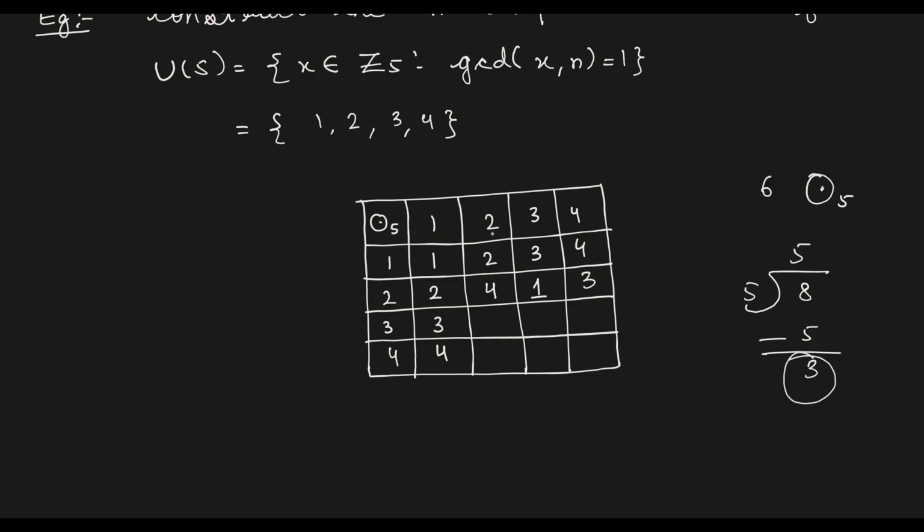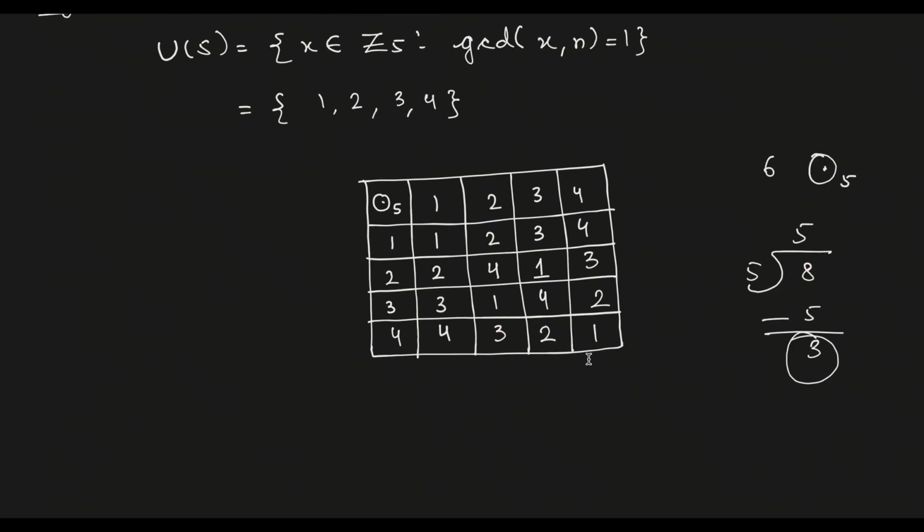So 3 into 2, 6, 1. 3 into 3, 9, 4. 3 into 4, 12, 2. 4 into 2, 8, 3. Again 12, 2. 16, 1. So this is how we will create Cayley's table. Next, properties of Cayley's table.